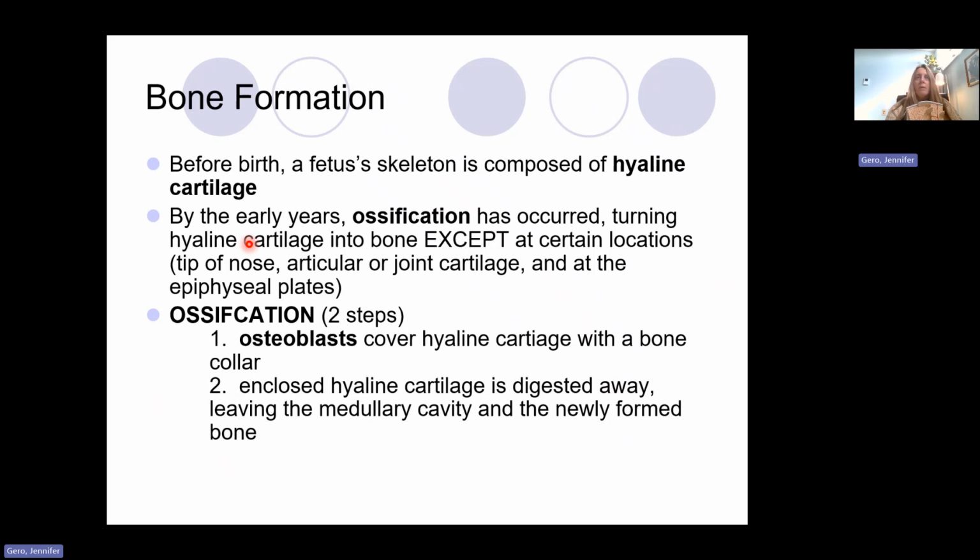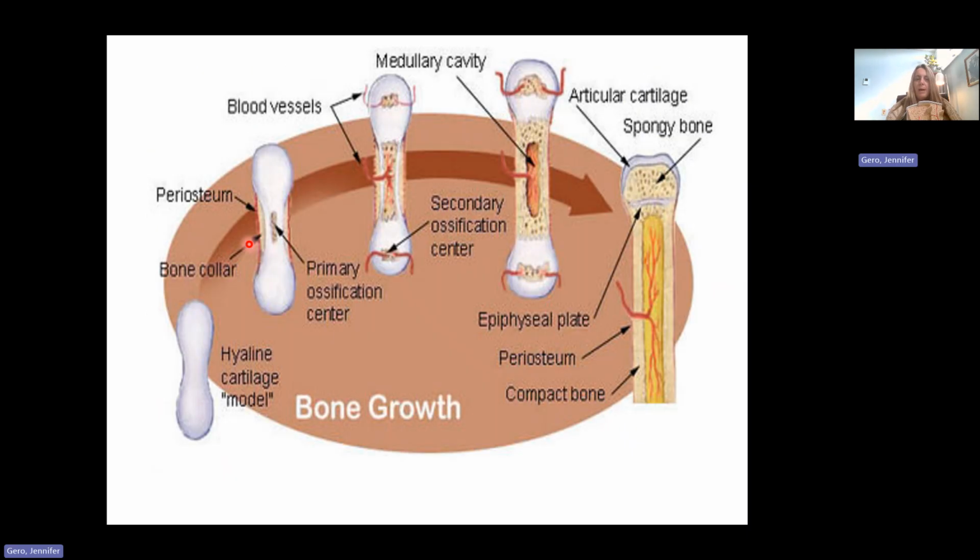If you were to ever break a bone, the break would be filled in with cartilage, and then that cartilage would slowly over time be replaced by bone. So during fetal development, all of your little bones started off as cartilage. And then they developed what was called a primary ossification center.